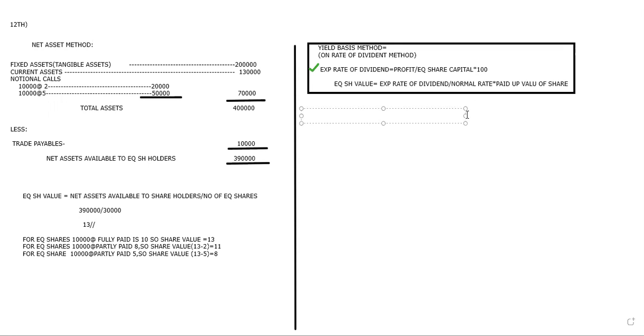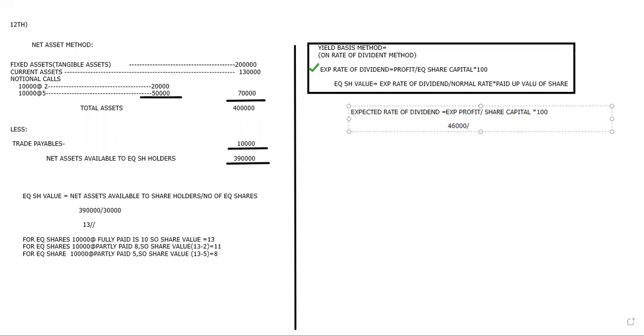So here, expected rate of dividend is equal to expected profit divided by share capital into 100.